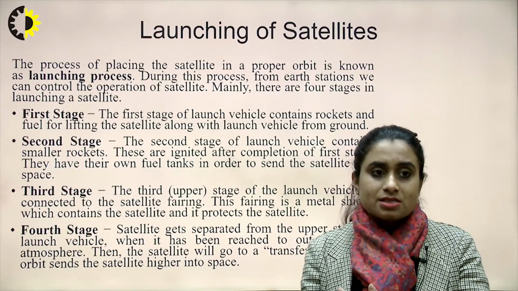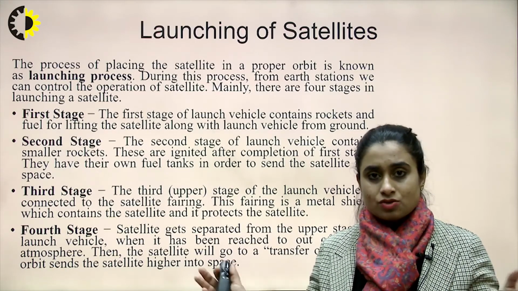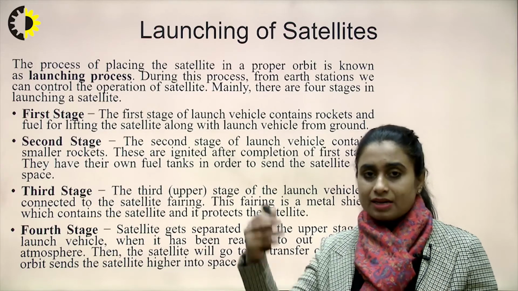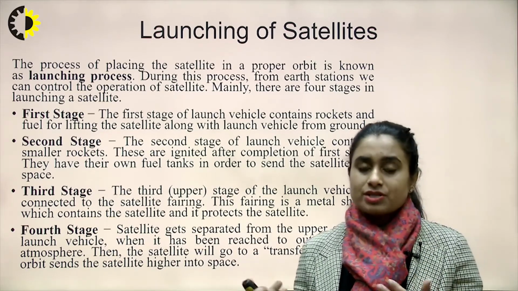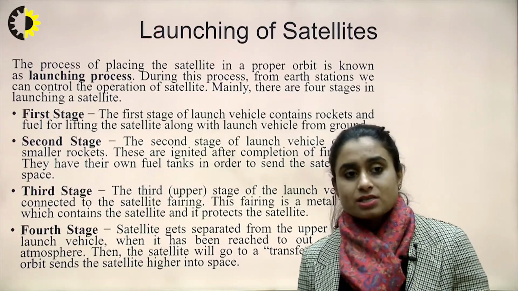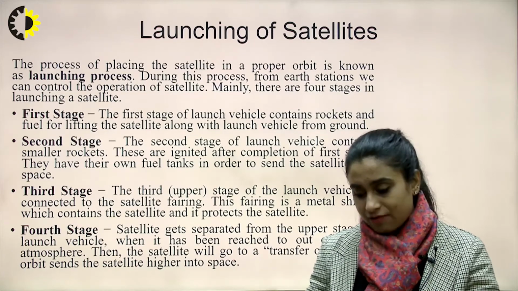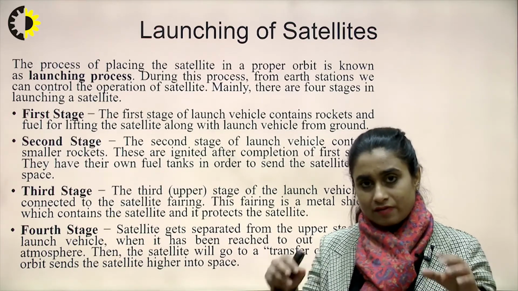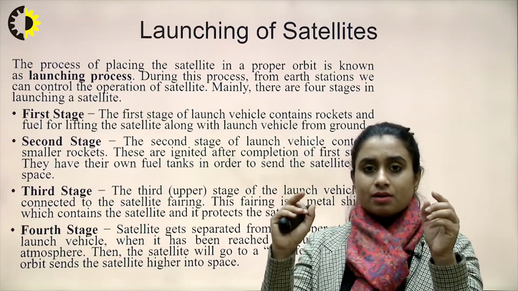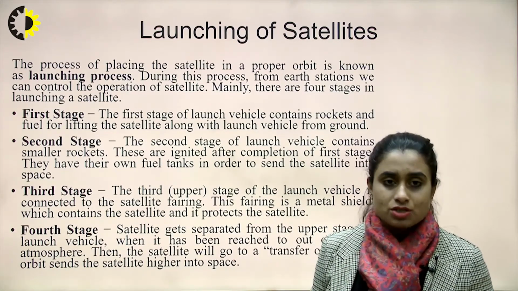It prevents the satellite from the friction which occurs when the rocket moves upward. So we have the fuel tank, that is the big rocket, the small rockets, and then the metal shield. In the fourth stage, the satellite gets separated from the upper stage of the launch vehicle.